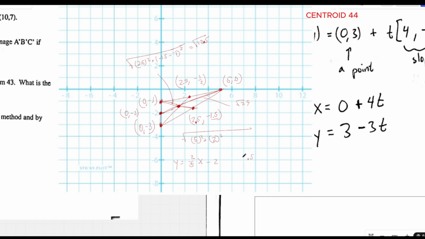Down 0.5 and to the right 2.5. So I'm trying to just read it from the graph, but if you're not comfortable with that, you just do y2 minus y1 over x2 minus x1. So let's see, this turns into negative 1/5.